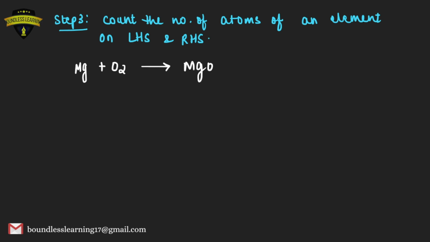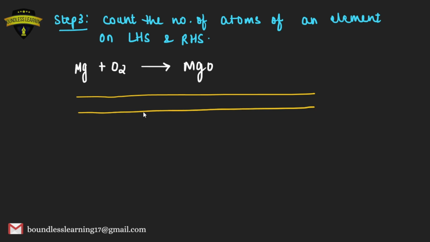For this, we first make a table with 3 columns. What would be the 3 columns? In the first column we'll write the atom or component which is involved. Second column would be left hand side. Third column would be right hand side.